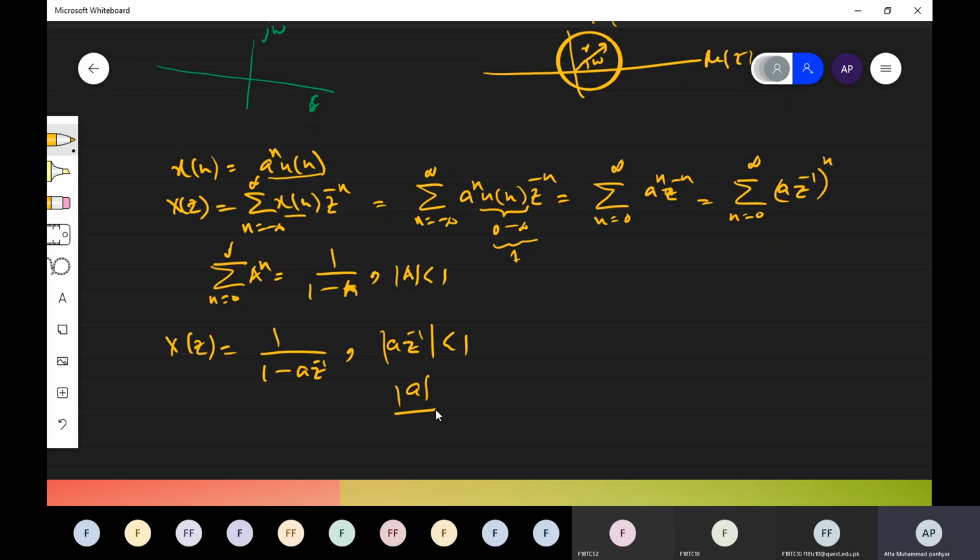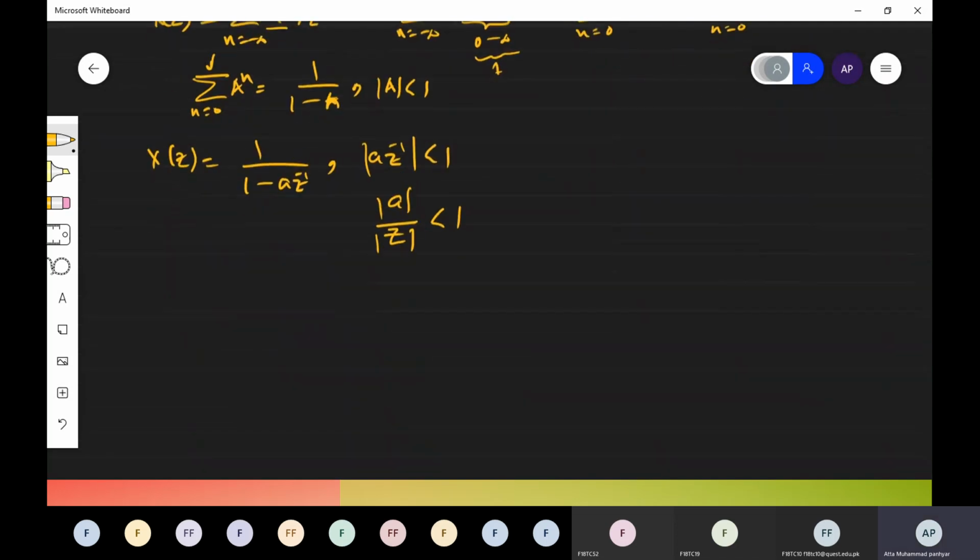So we can rewrite this as a over z is less than 1. Now if you take z to the left side, then you get z is greater than a. So x of z is 1 upon 1 minus a z inverse, right?